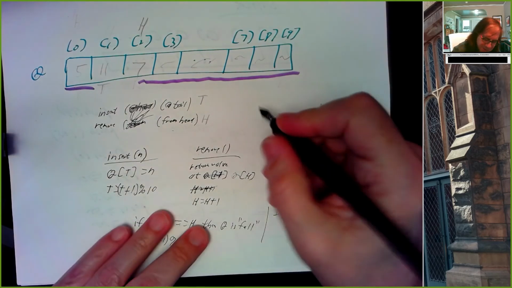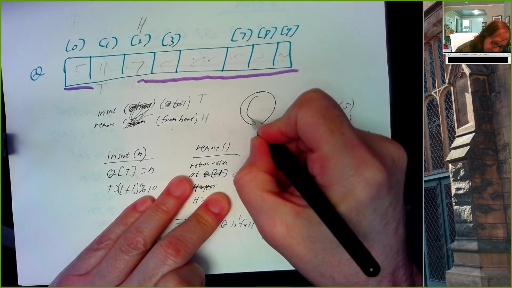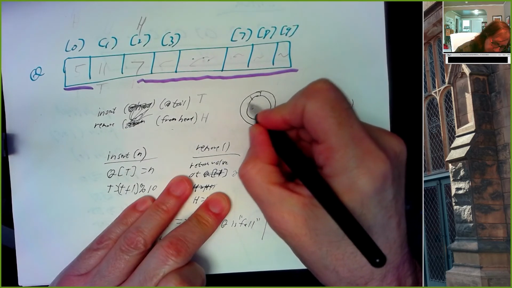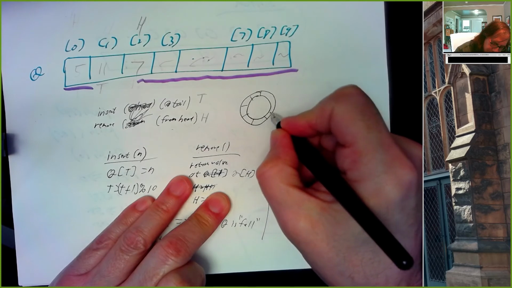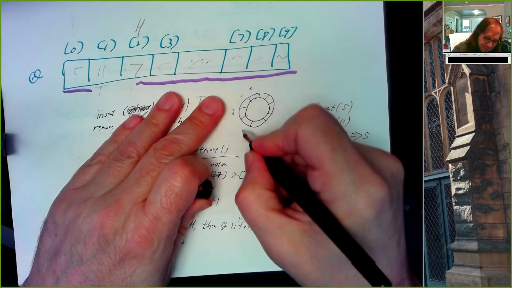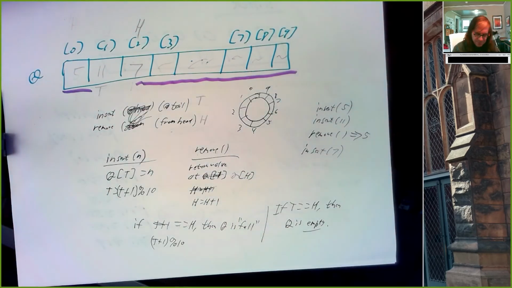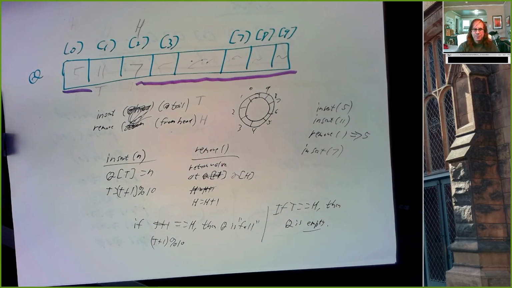And sometimes it may help to picture your array like this, where this is element 0. And that's really all we're doing with these modulo operators.